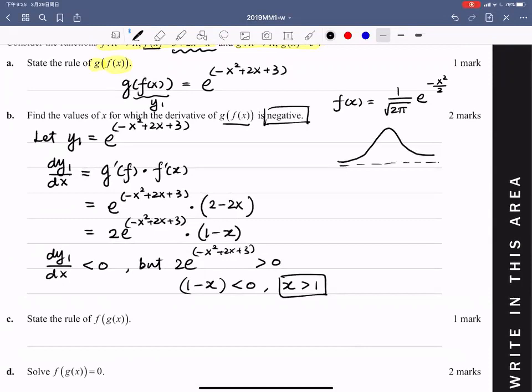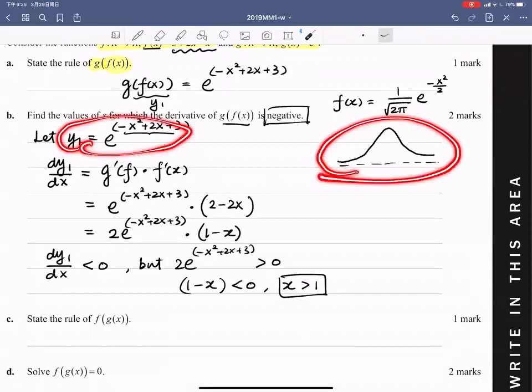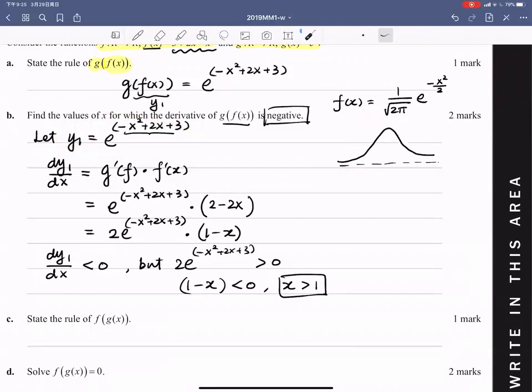It means this guy here is just a simple translation of the quadratic function, a negative quadratic. So I guess the graph of y1 should have a similar graph like that, all right? Therefore, I would say the graph of y1 looks like that, okay? Similar to the bell-shaped curve.